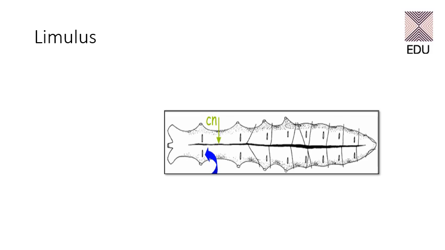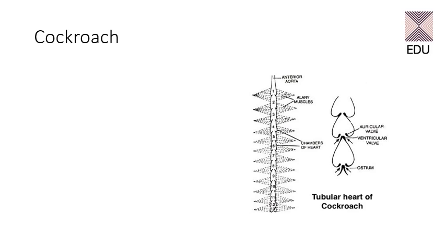These are the ostia from which the blood will enter into the heart. This is very equivalent to the heart of the cockroaches, which is taken in the next slide. So after Limulus, we have the example of the cockroach in the tubular hearts.